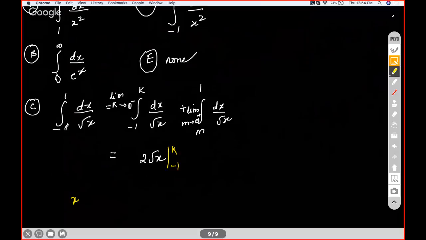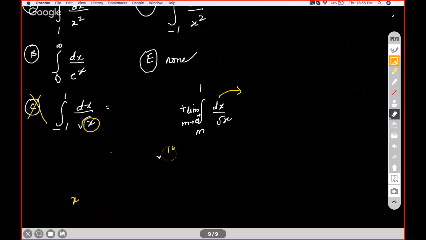This function will not exist in this interval, because when x is less than 0, this will not exist. So it has to be only this evaluation that we can do.